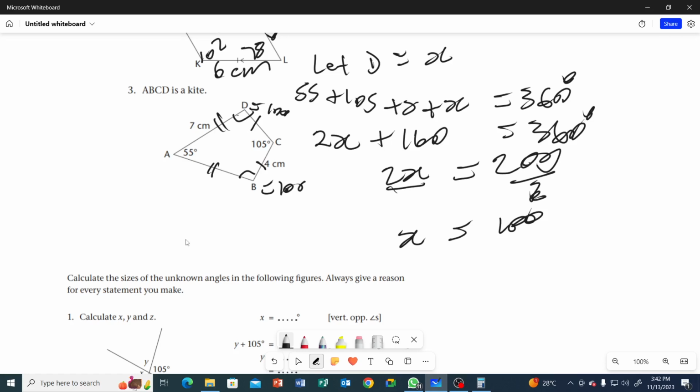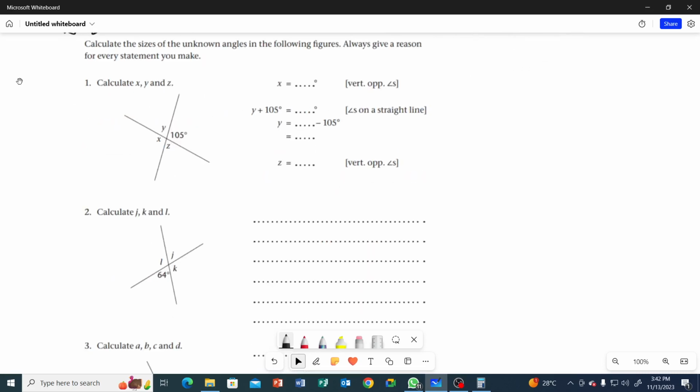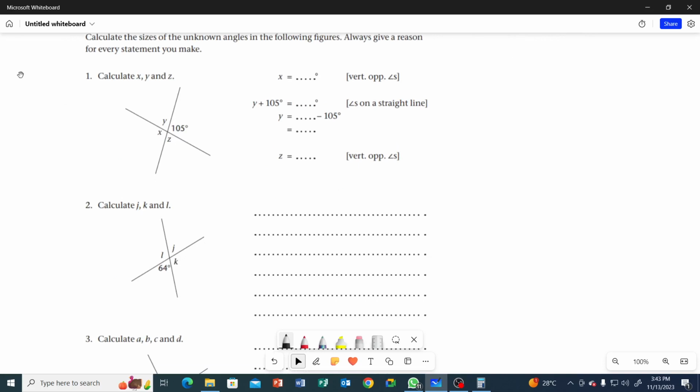Now, let us look at the following picture. Okay, now it says calculate the sizes of the unknown angles in the following figures.